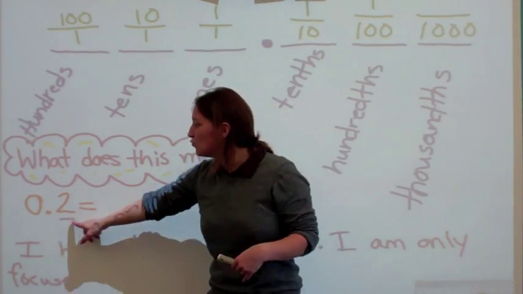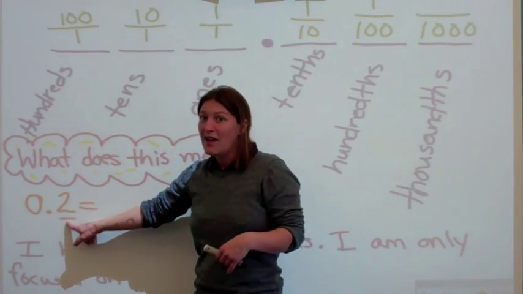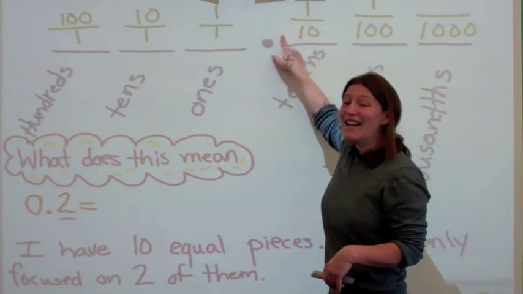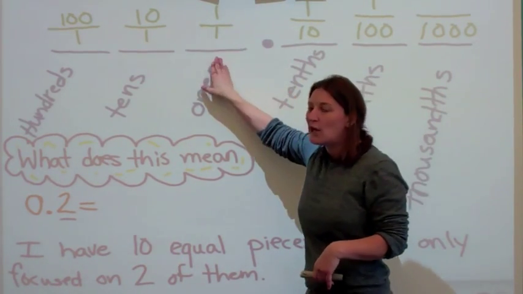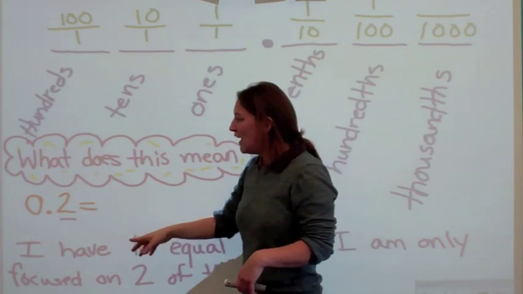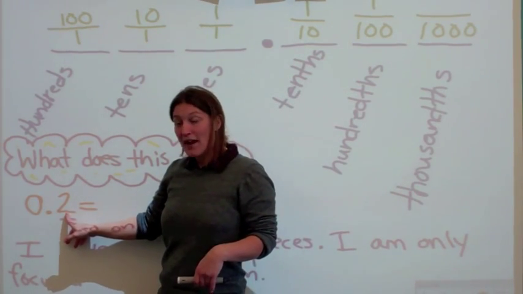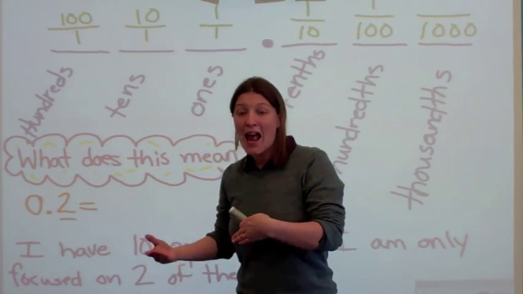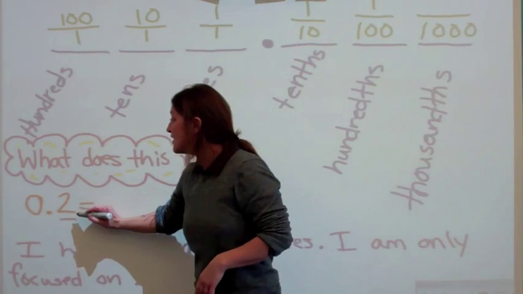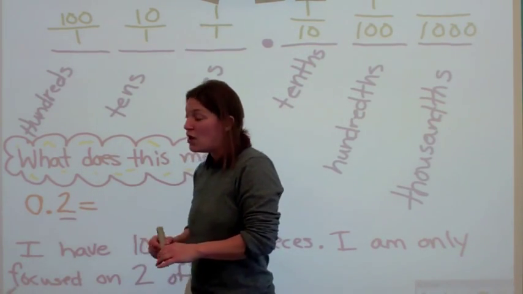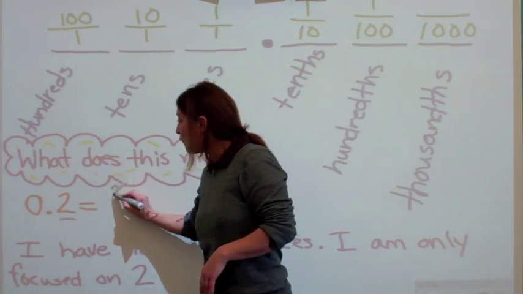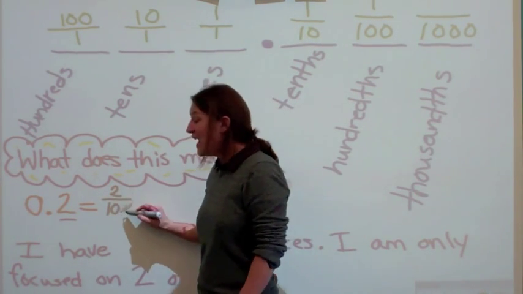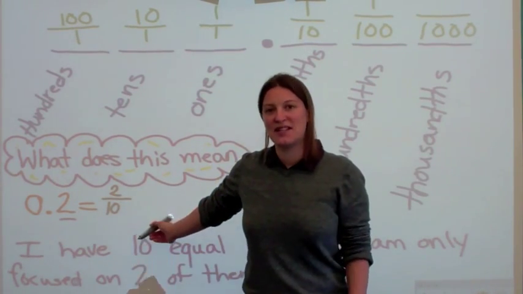If I have a number right after the decimal point, and I'm looking at my place value chart, I know that it's out of 10 equal pieces, because it's not quite a whole yet. So if it's 2 right after the decimal point, that really equals 2 tenths, because this is the tenths place value. So this, as a fraction, would look like this. 2 out of 10, or 2 tenths.